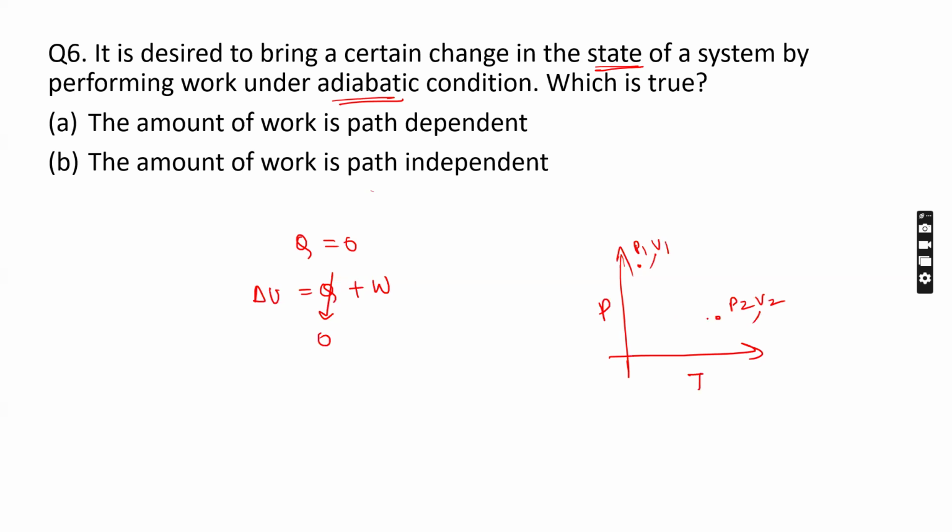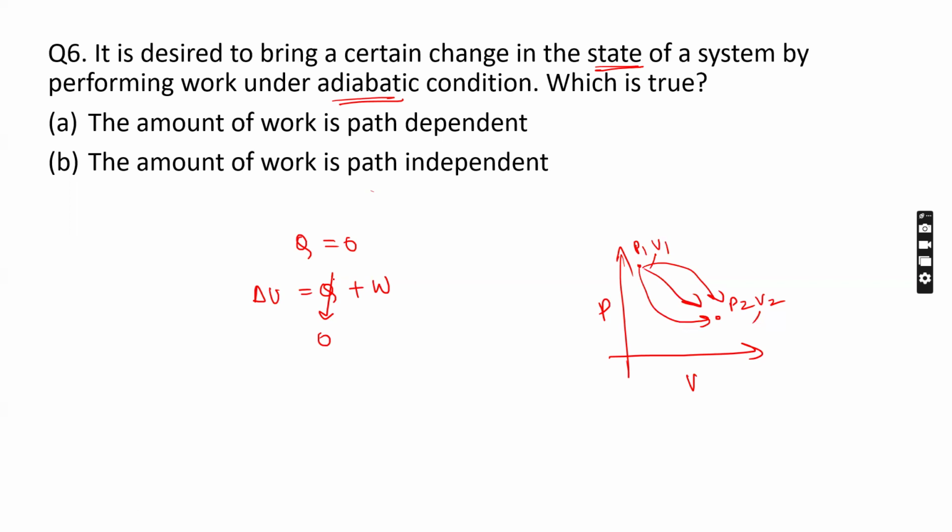If we go from here to here in different paths, we will have different amounts of work, because the product of PV is like the work done there, when you are gradually changing the pressure and the volume is also changing. So in different paths we have different works.